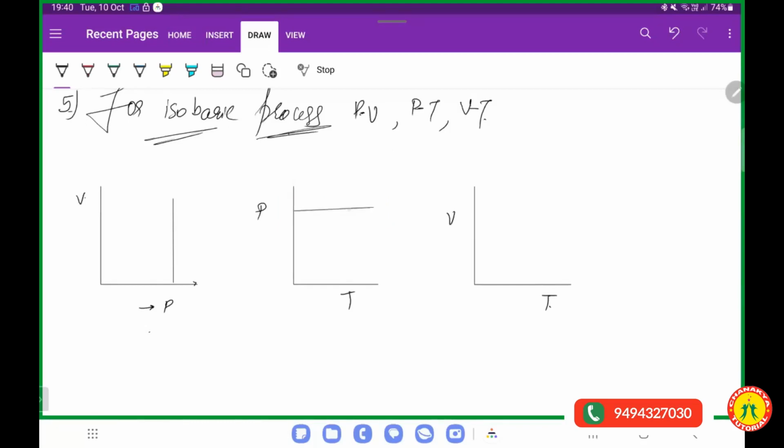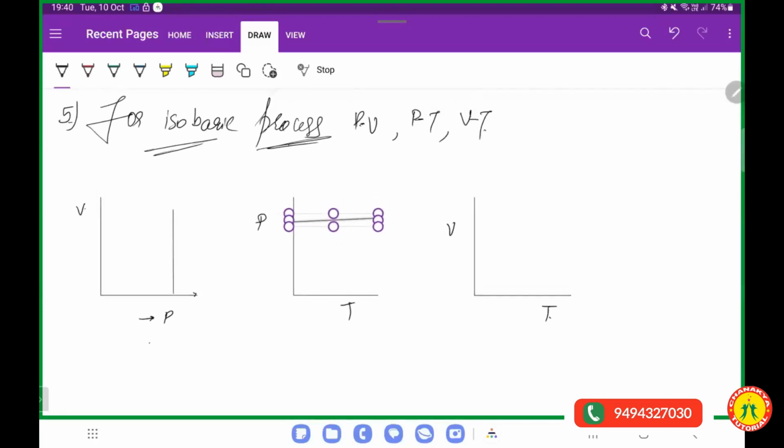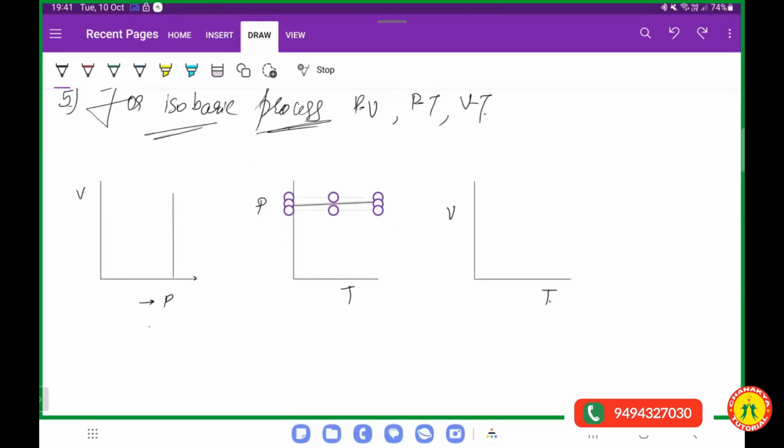This is a straight line. Last one will be linear graph.